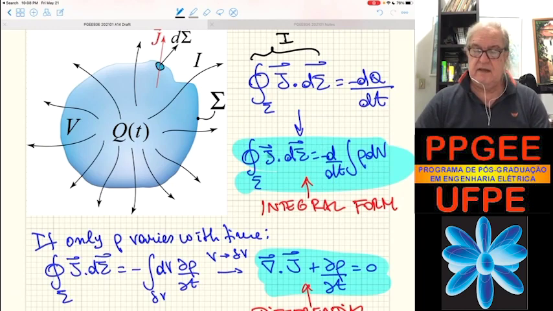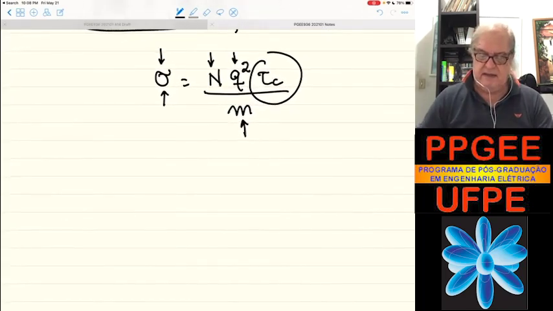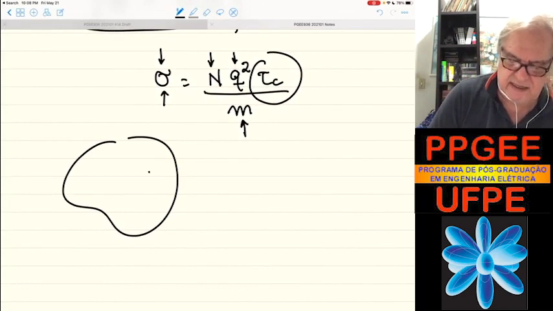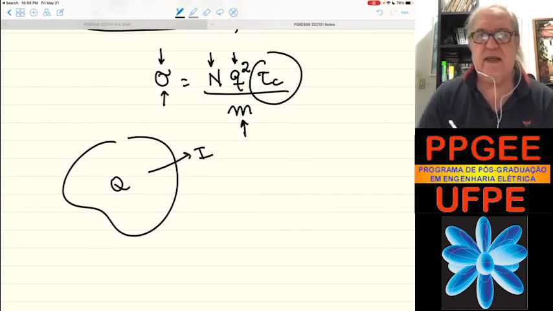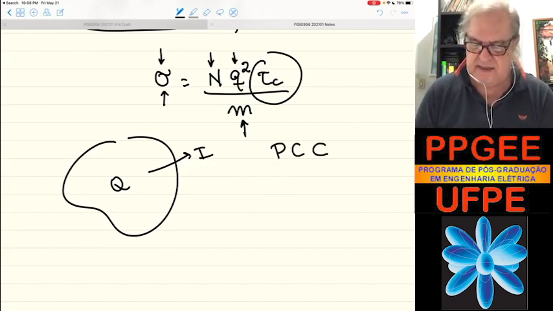Okay. The differential form is, you have the integral form, which is simply this. There's a closed surface, the current that flows is I, the enclosed charge is Q, so the equation of the principle of charge conservation is I equals minus dQ/dt.